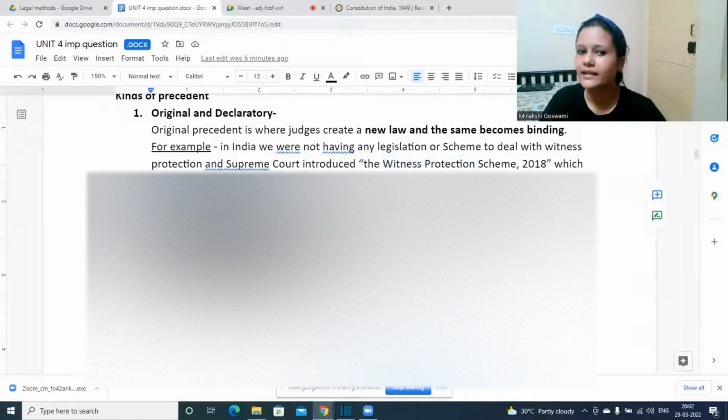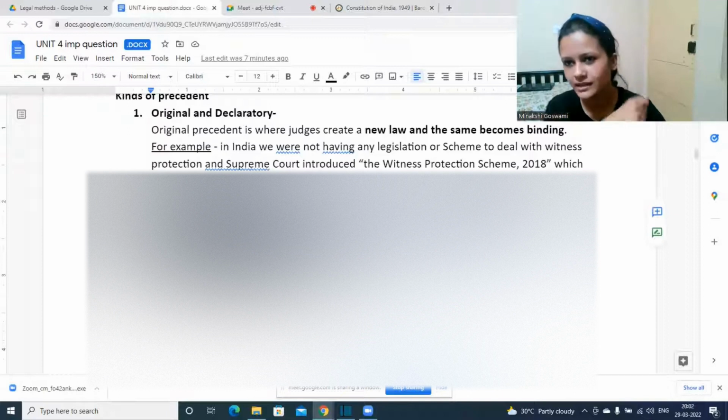When we talk about declaratory precedent, that means the concept is there. It's just that nobody has spoken about it. Like making it very clear, nobody has made that, but the concept is there, hidden somewhere. Declaratory precedent is where a known or established law is applied to the particular facts of the case. For example, Article 21 of the Constitution of India is widened. When you read Article 21, it just says right to life and personal liberty.